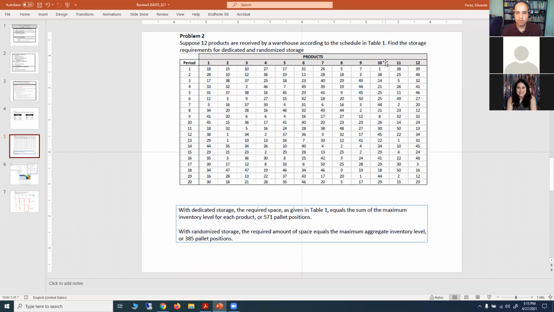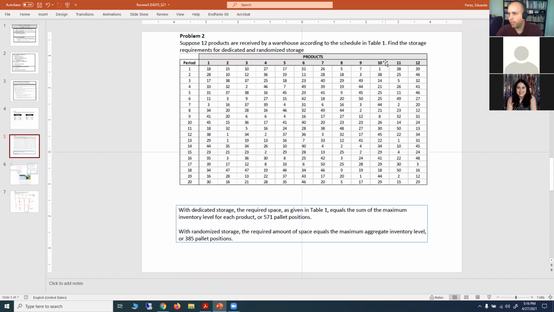But with randomized storage, that's not the goal. The goal is that you're going to be sharing space, and you want to make sure that if at some point you have a high volume of items in your facility, you have enough space to accommodate that high volume. But you are not planning to have enough space for each one of the products. So that's the difference.